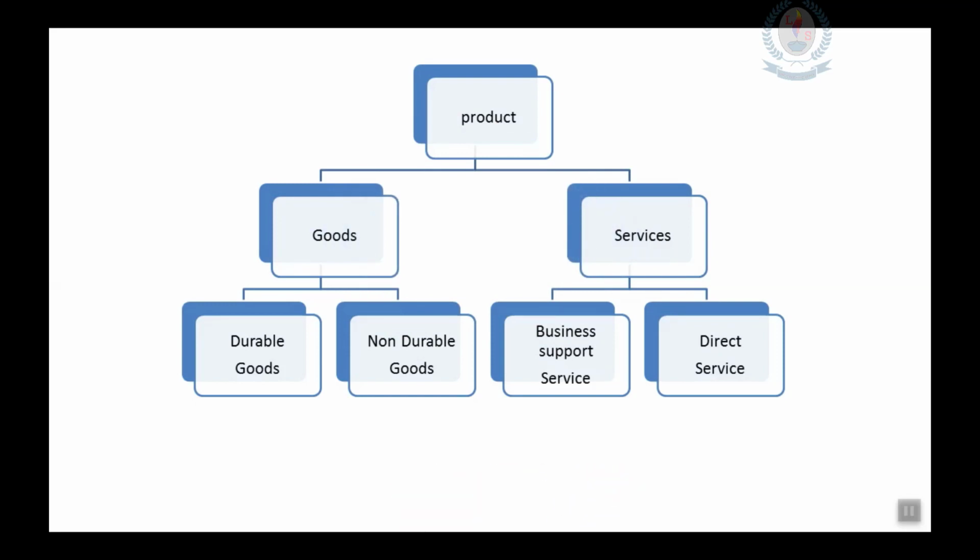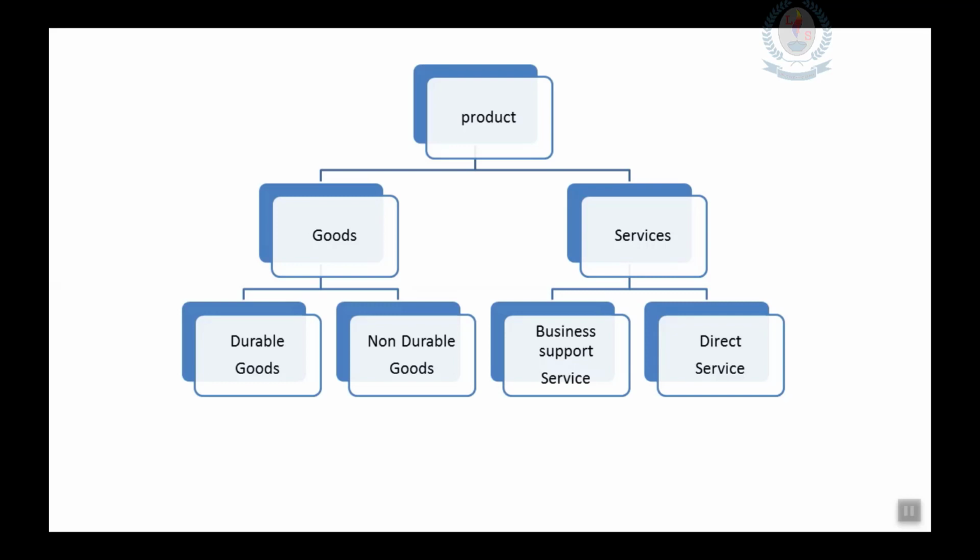Then product. Product means any good or service which might satisfy a need or want. Here product can be divided into two parts, goods and services. Then goods again divide into two, durable goods and non-durable goods.